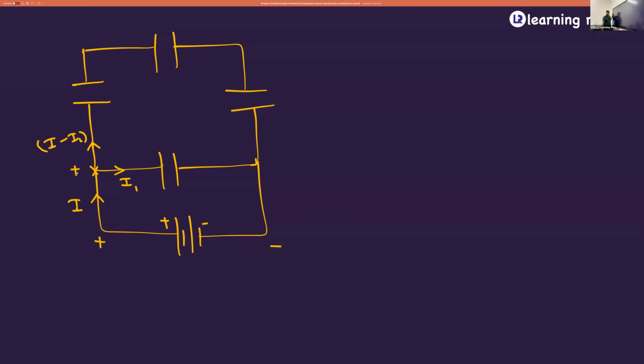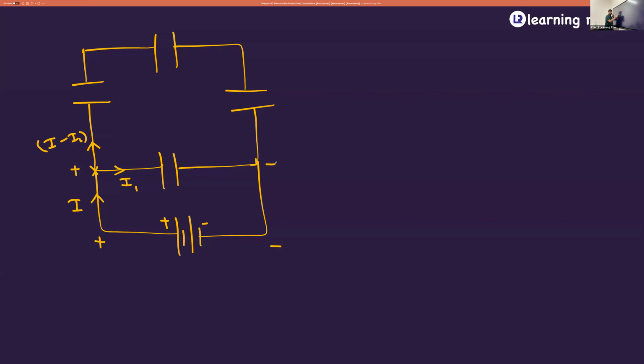So this will be positive, this will be negative. This positive charge will go and sit on this plate, and this positive charge will go and sit on this plate also, because they are the ones facing the positive charge. If one of the plates is positive, the other obviously has to be negative. So here you have negative.